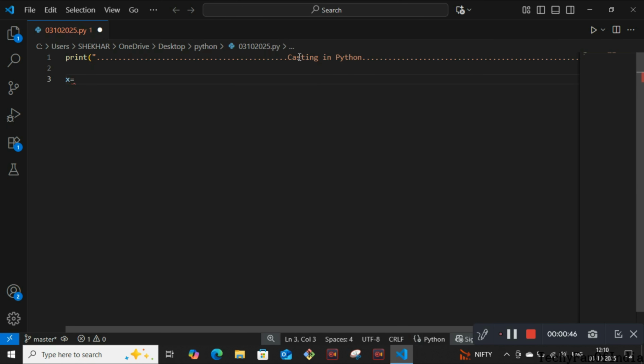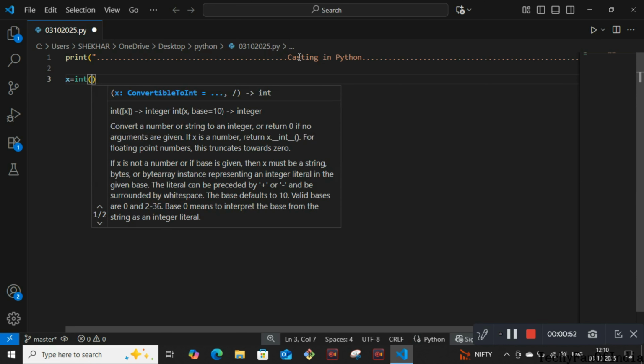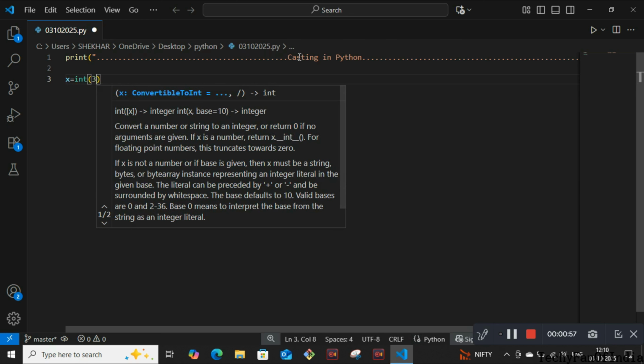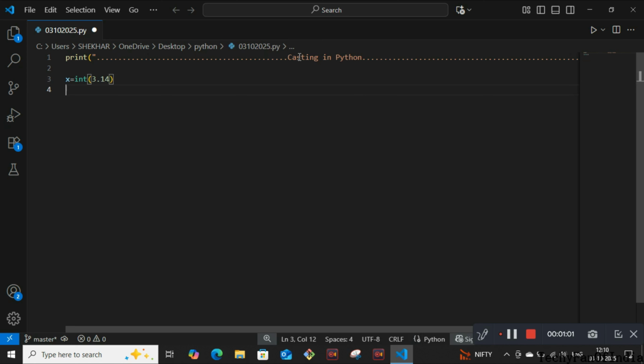Try to find the problem, the particular example and the solution. You need to concentrate here. We take x is equal to int, and the value mentioned inside the int is 3.14. But since it is an integer, it will print only the 3, not the float value after the decimal.